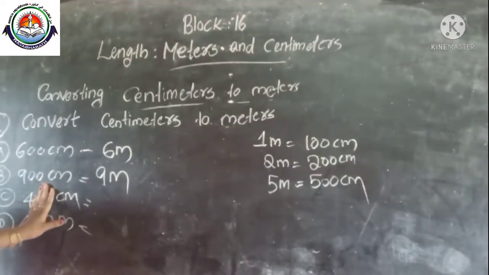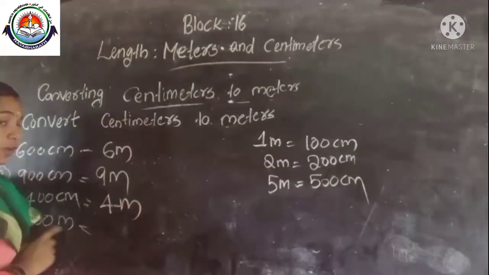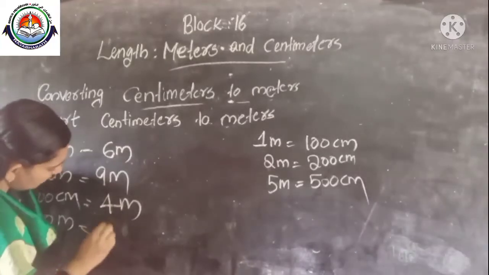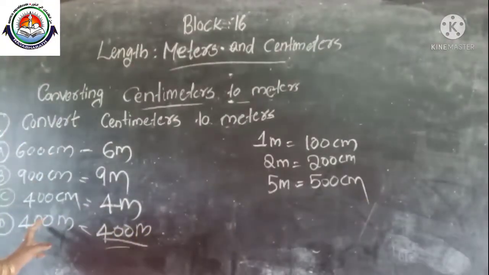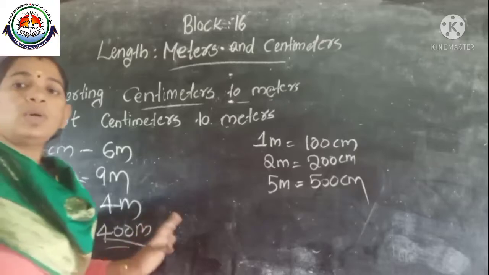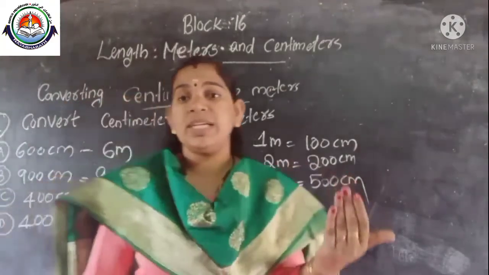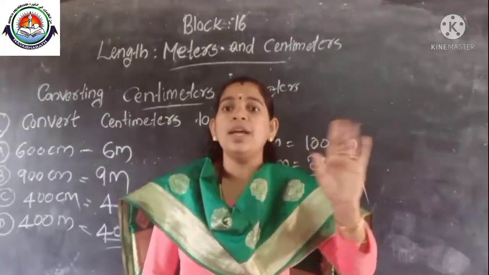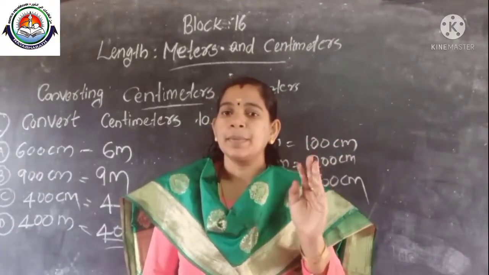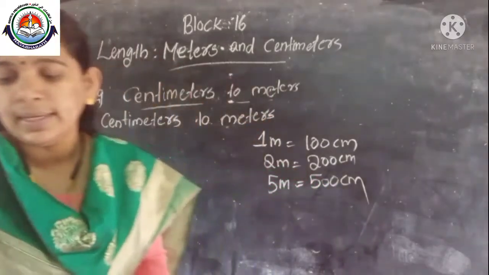Here 400 centimeter, removing the 2 zeros, 4 meter. Then 400 meter is equal to 400 meter. In your textbook one question has 400 meters, so I included this question. Clear? How to convert centimeter to meter? Just remove the last 2 zeros and you will get the meter. Okay.